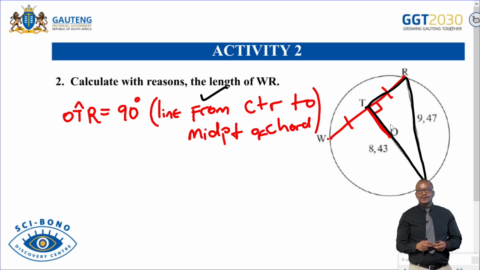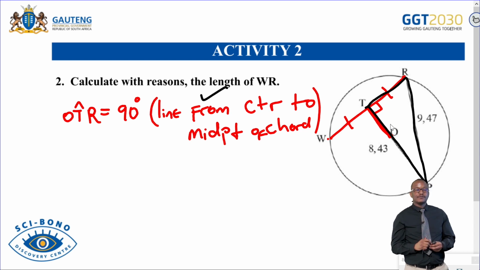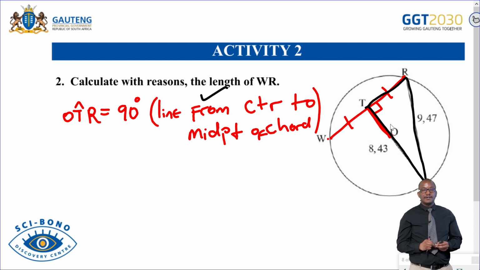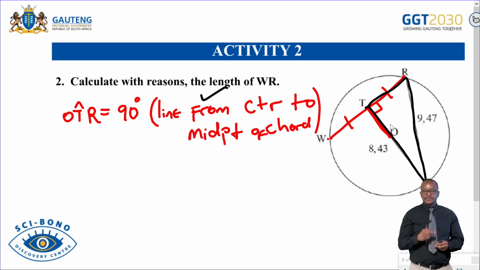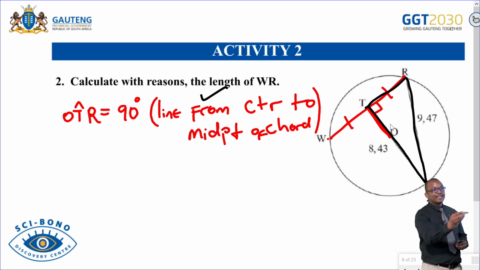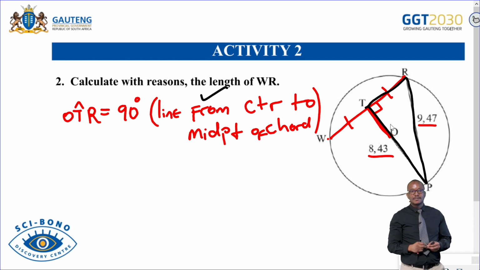To prove that that triangle is a right angle triangle first, before you can continue with your question. Correct. So now we have proven that triangle PTR is a right angle triangle. And we are given the length of RP and the length of TP.